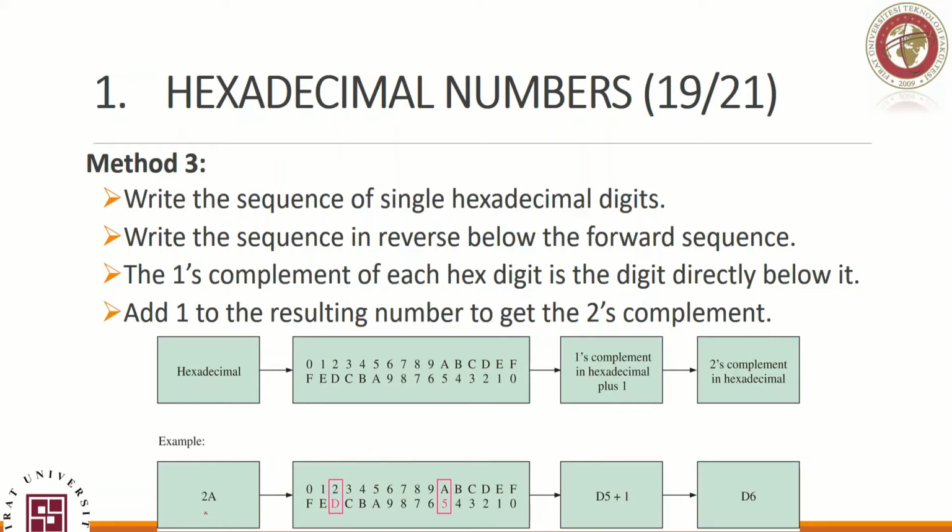If we are thinking about 2A, the 1's complement of 2 in hexadecimal is D, and the 1's complement of A is 5. Add 1 to it, we get the 2's complement. 2A will be converted to the 1's complement in hexadecimal, D5. Add 1 to it, D6. That's the 2's complement. Then sum the numbers.